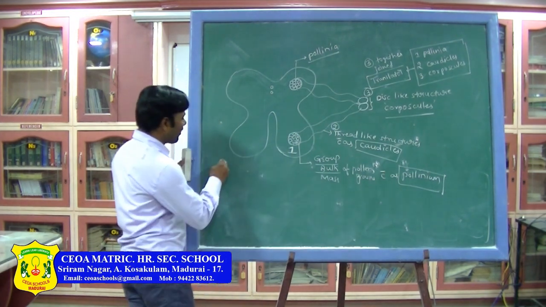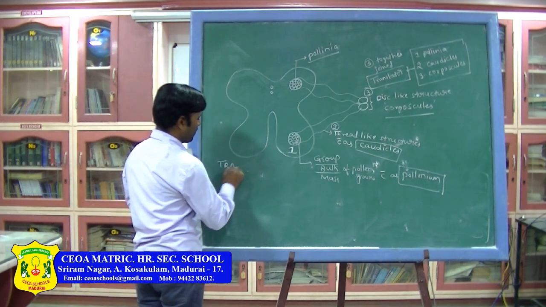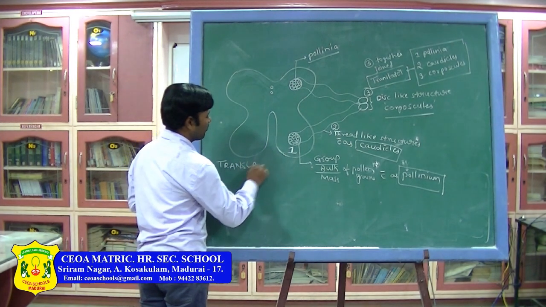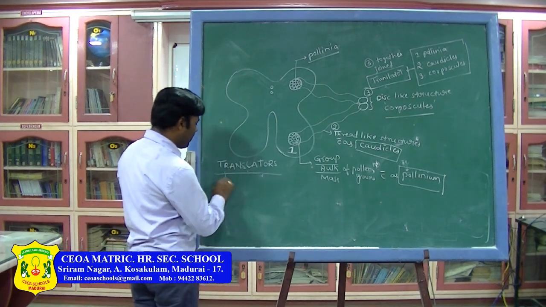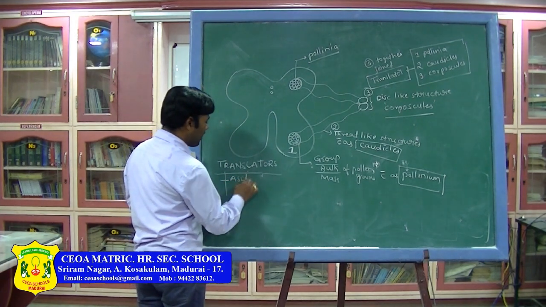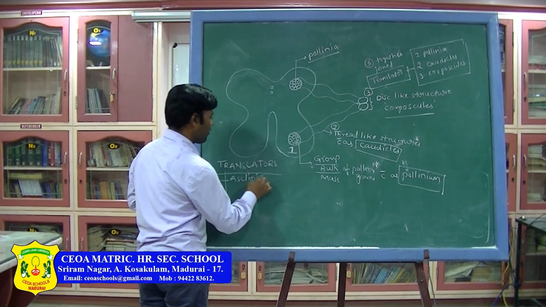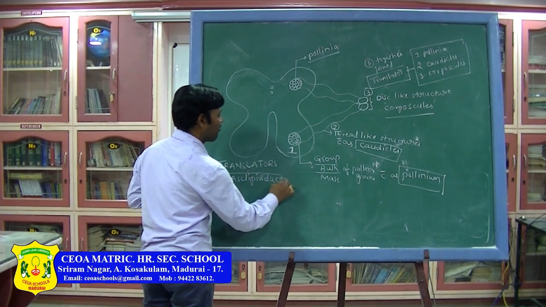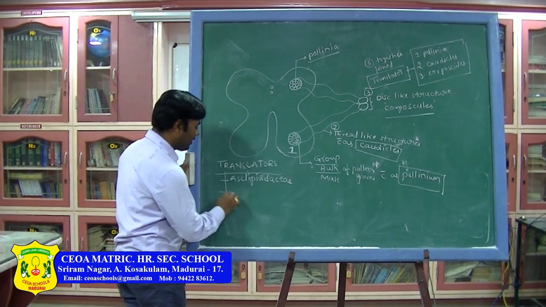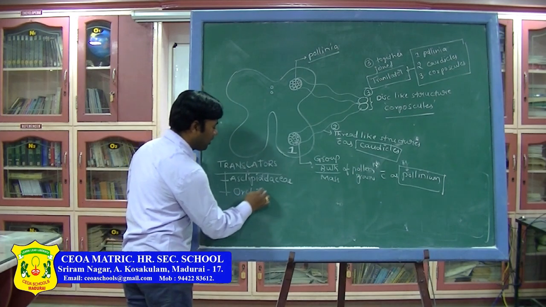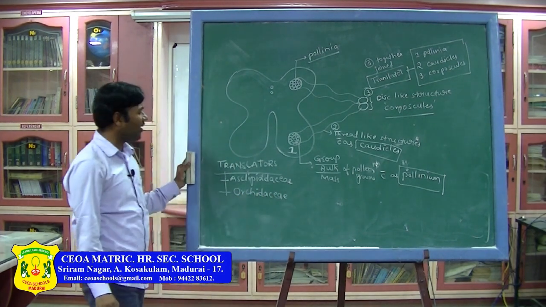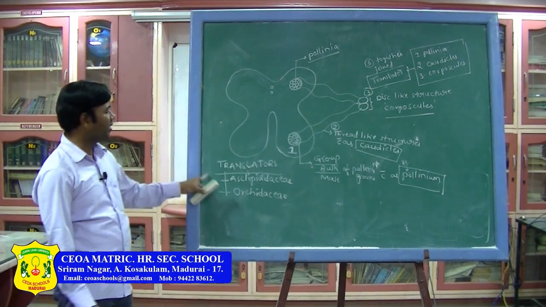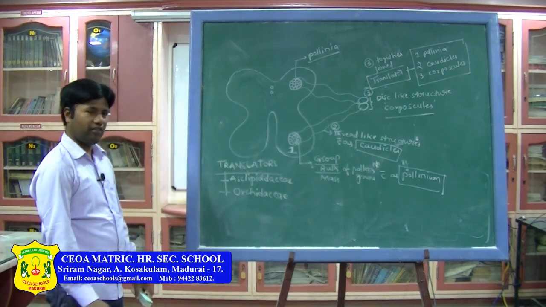Where do you find translators? Translators we can see in Asclepiadaceae family and Orchidaceae family. In the members of the Orchidaceae family and Asclepiadaceae family, we are able to see the translator.